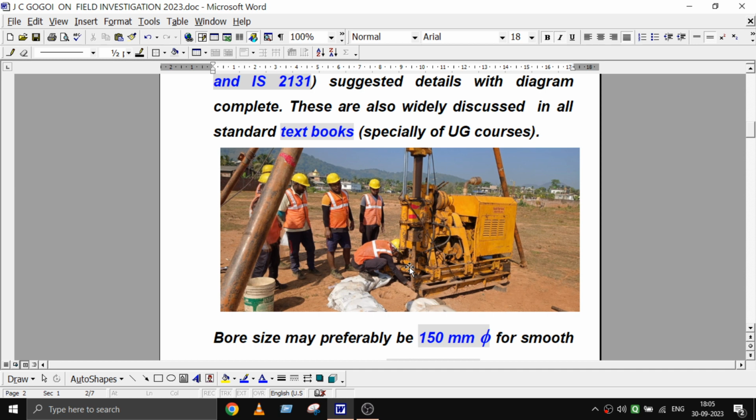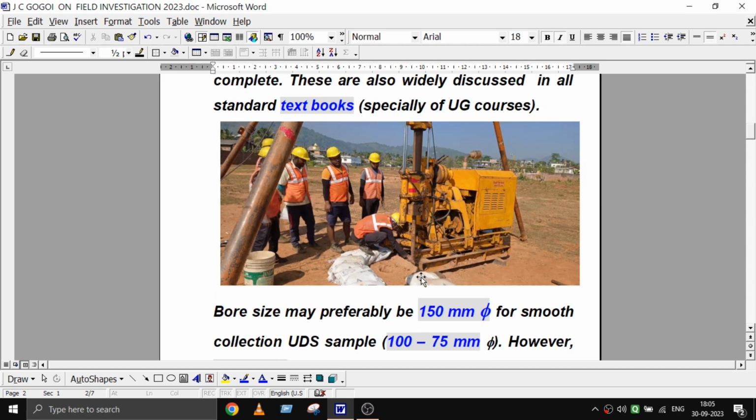It is about 1 to 1.2 millimeters at maximum, and sharpened. So it is penetrated under gentle static pressure, and after full penetration it should be kept for a few minutes for rearrangement of the soil particles.